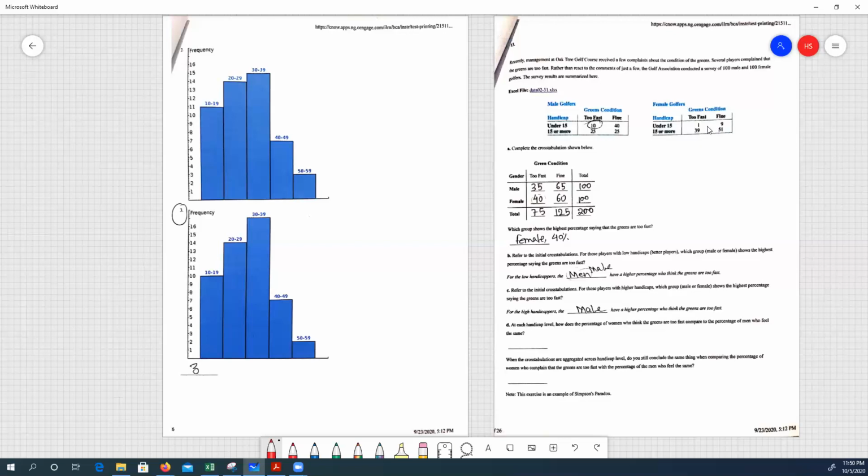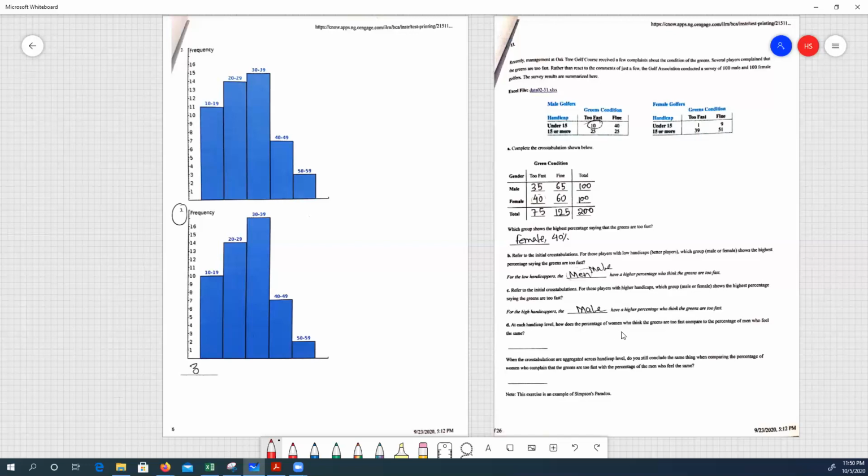And among the female group with 15 or more, there is 39, and total is 39 plus 51. For the male, the 25 and 25 are the same, so 50% think that it's too fast, and 50% think that it's just fine. So with a handicap of 15 or more, 50% of the males think that it is too fast, right? And here it is less than 50%. So that means male has the higher percentage. So it will be also male.